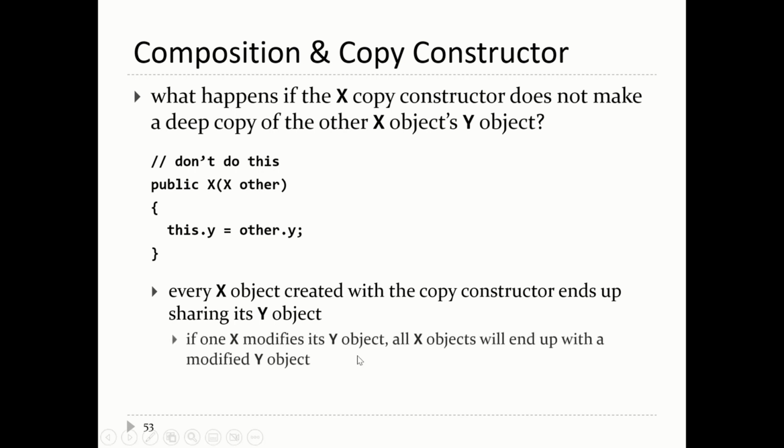If one X object modifies its Y object, all your other X objects end up with a modified Y object, which probably isn't what you want if you're implementing composition. So again, that's a privacy leak. We are inadvertently sharing one of our internal fields with some other object.